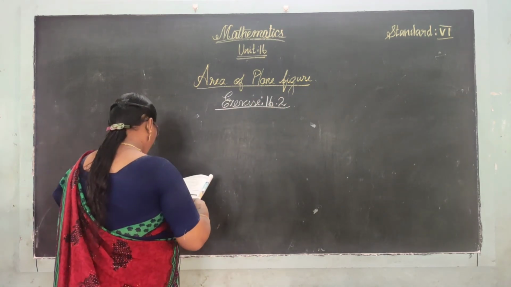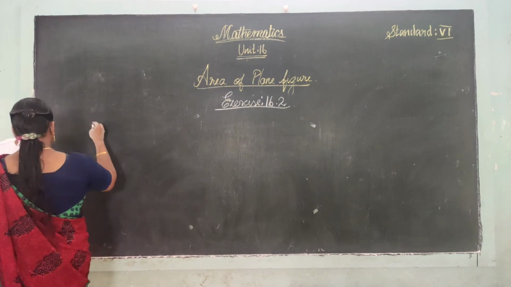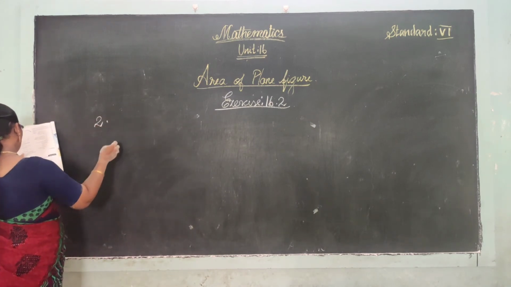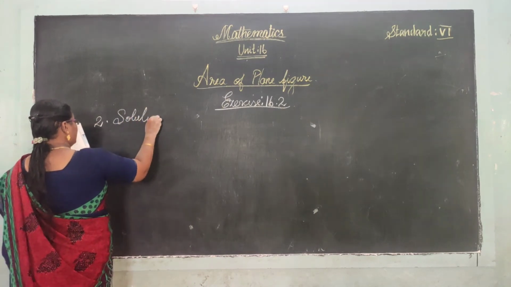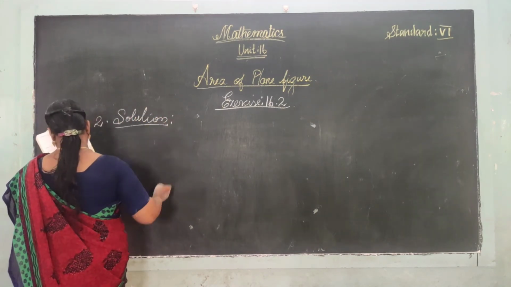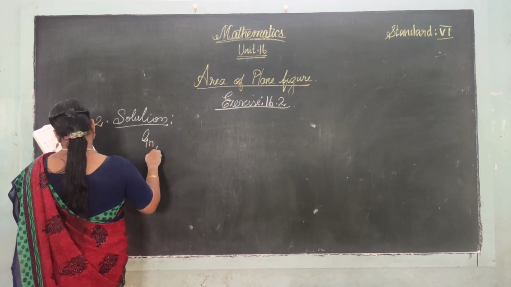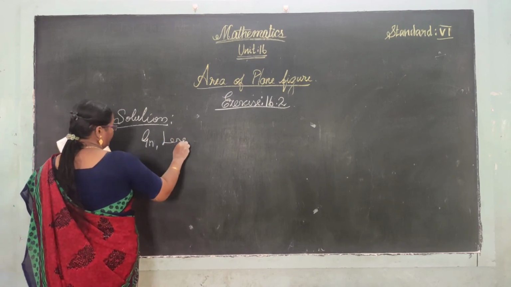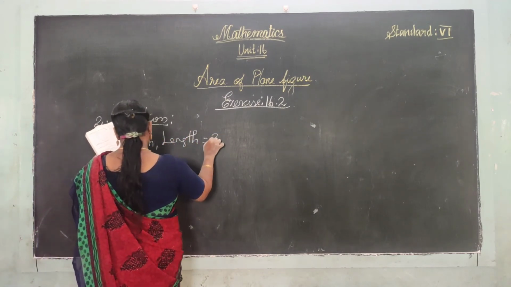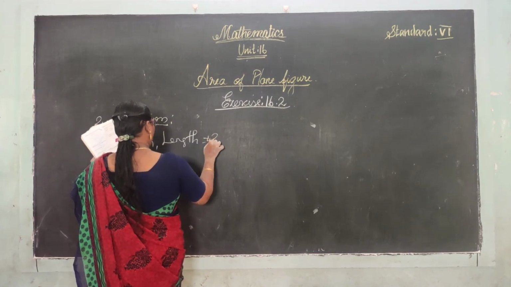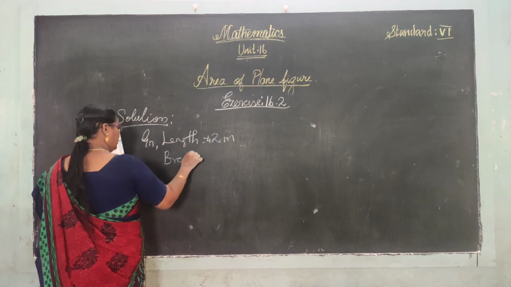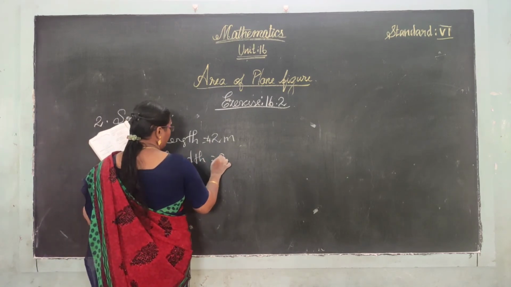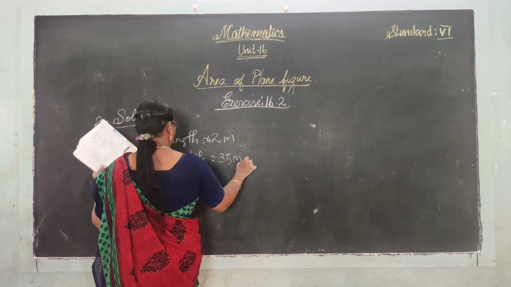Exercise 16.2. Okay, the second problem. Given length is equal to 42 meter, breadth is equal to 35 meter.